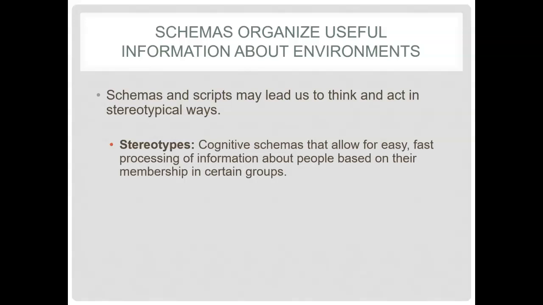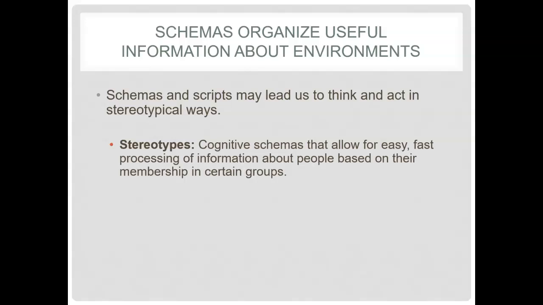Now, schemas and scripts can lead us to think and act in stereotypical ways. So a stereotype is a cognitive schema, and these allow for easy and fast processing of information about people based on their membership in certain groups. So I think when we think of the word stereotype, we tend to think of things like racism, sexism, ageism.